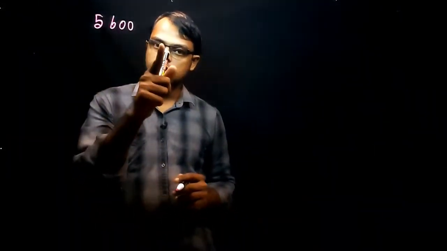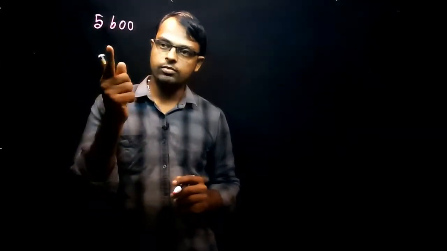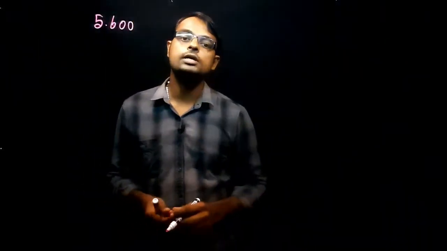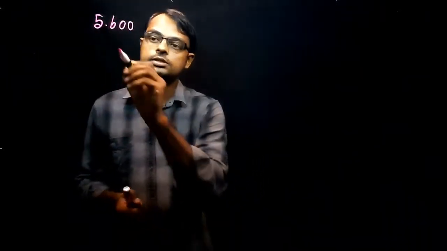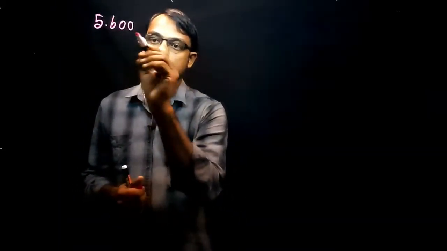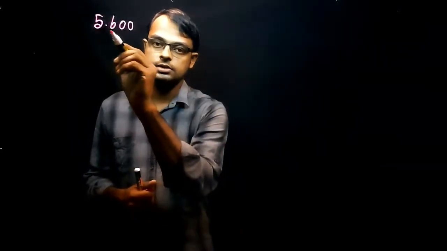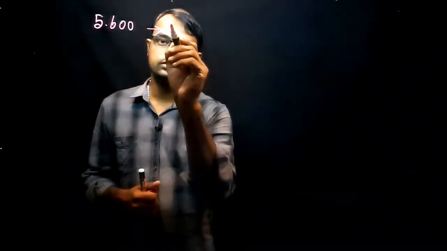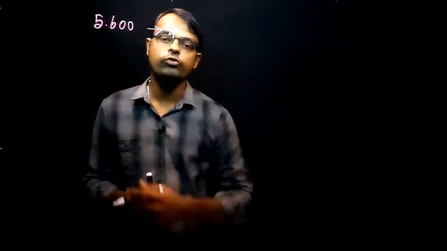What we discussed just now: these zeros are not significant, or if it is coming from a measurement, these are ambiguous zeros. In this example, I am writing it as 5.600. How many significant figures are here? All these zeros are significant, because it is a decimal number. So the number of significant figures in this number is equal to 4.